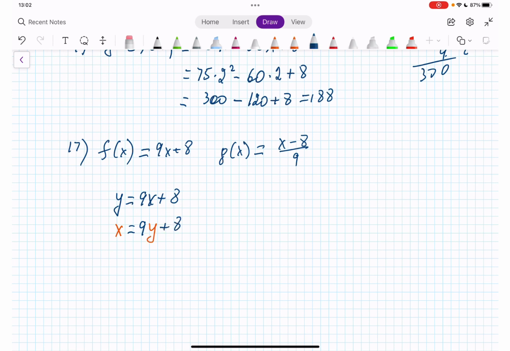See what I did? Just switched. Wherever y is, I switched with x. Wherever x is, I switched with y. And we need to find y from here. To find y, it's pretty straightforward. It's going to be x minus 8 is equal 9y. So I moved 8 to this side and flipped the sign accordingly.